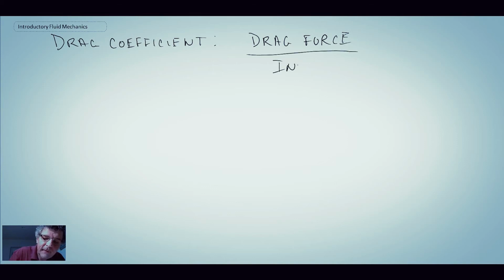Drag coefficient. And here we have drag force divided by inertia. And we're going to introduce one of those 1/2, just like we did with the pressure coefficient.